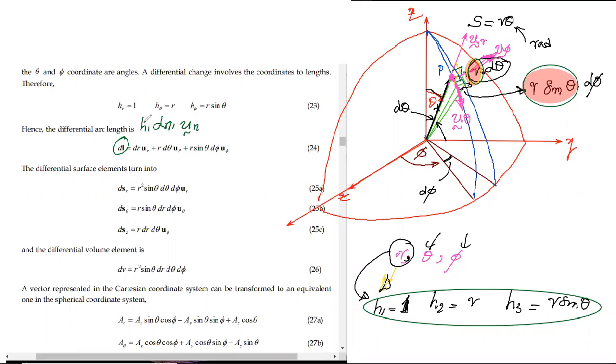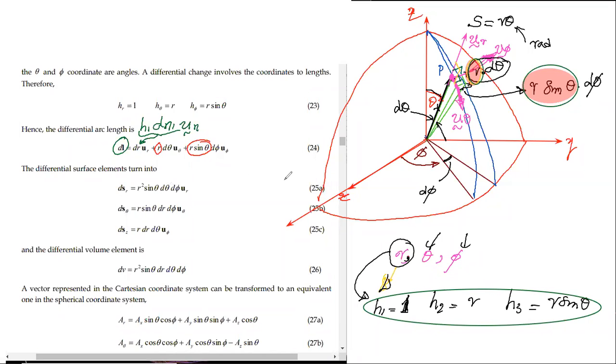We have discussed these things. Based on this concept, you can write down the arc length with the support of this u r, u theta, and u phi. These are conversion factors.